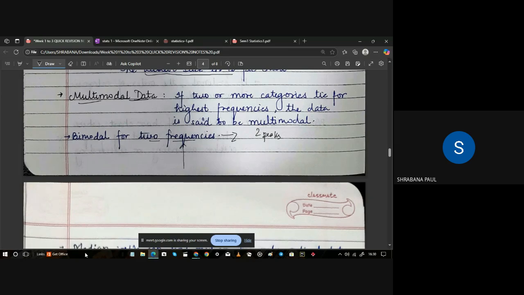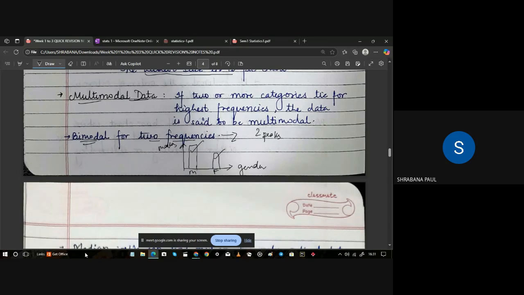Just for example, I draw a chart. Here I drew marks, and here I drew gender. This is male and this proportion is female. So this kind of bar chart is bimodal, because there are only two peaks, one for male and another for female.